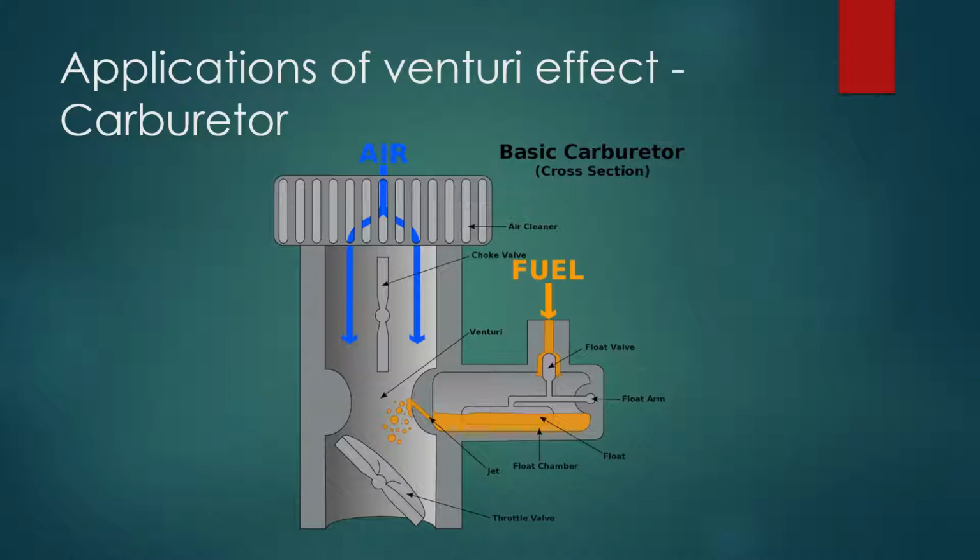Basically, as the air comes through, there's a decrease in area, and because of the increase in velocity, that decreases the pressure, and in effect, it will pull fluid from another part of the carburetor through a jet and into the airstream.